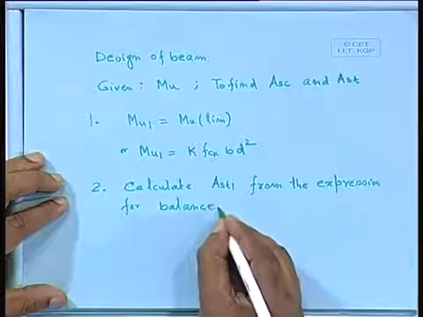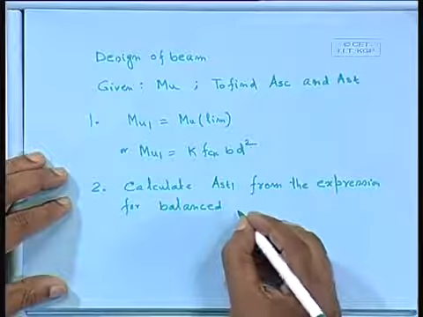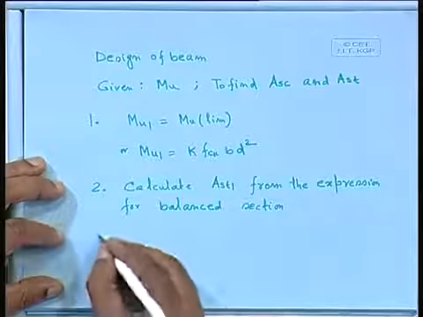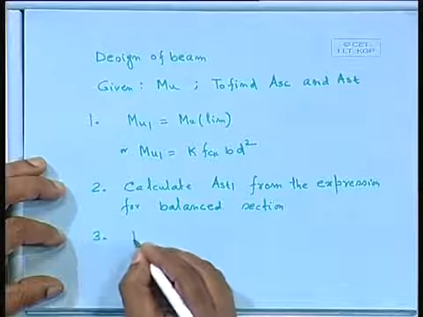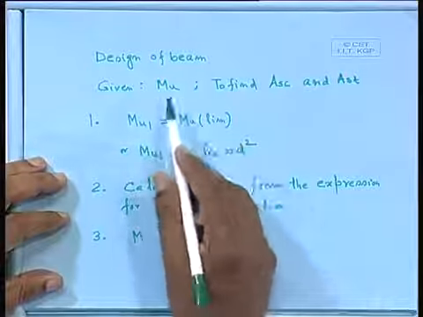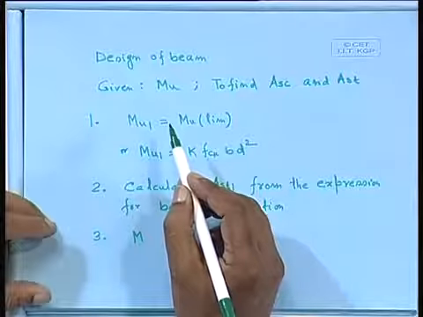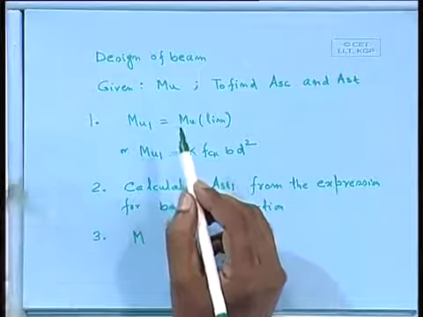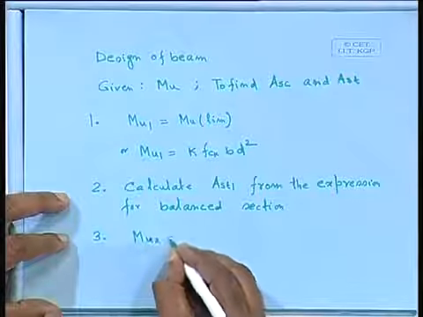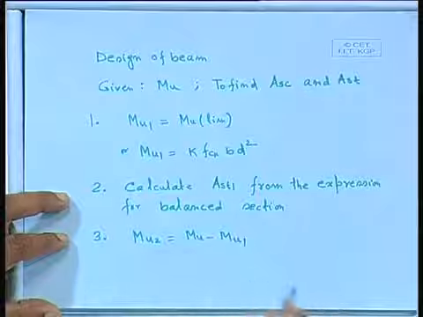That also you check, we have already written explicitly in detail in the analysis of beam. Number 3, if Mu is greater than Mu1, we need to go for design of doubly reinforced section. Otherwise it is a singly reinforced section. We have to check Mu2 equal to Mu minus Mu1.